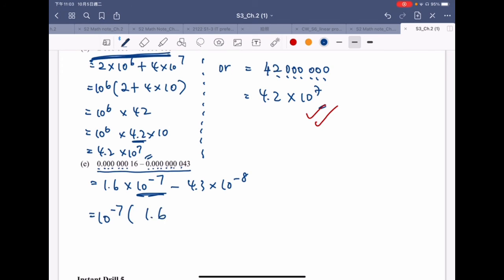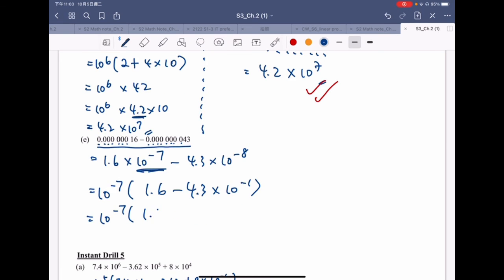This 1.6 minus 4.3 times 10 to the power of -1. So which is 0.43. Okay, this is greater than 1, smaller than 10. So the number is in the format of scientific notation. 1.17.